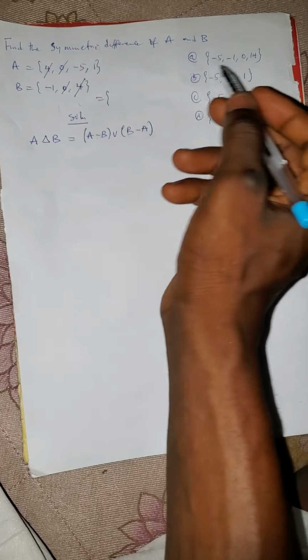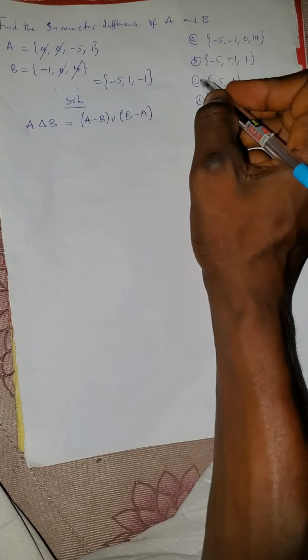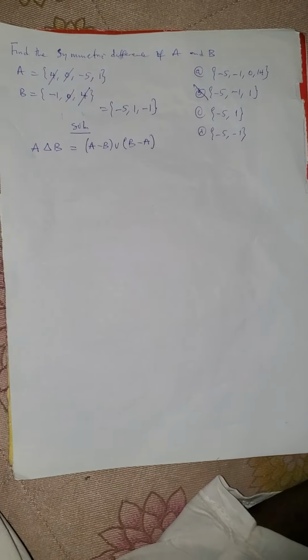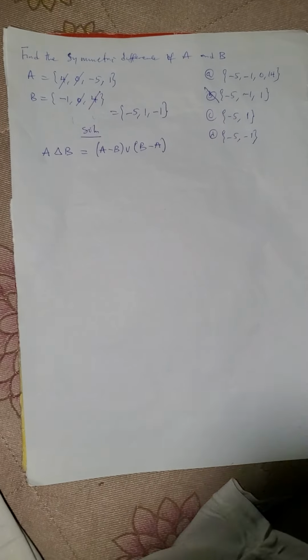We have 4 here, 4 is also here. 0 is here, 0 is also here. After you cancel what they have in common, the remaining elements are minus 5, 1, and what's left here is minus 1. So the answer is option B, minus 5, minus 1, and 1. That is how to do the symmetric difference.